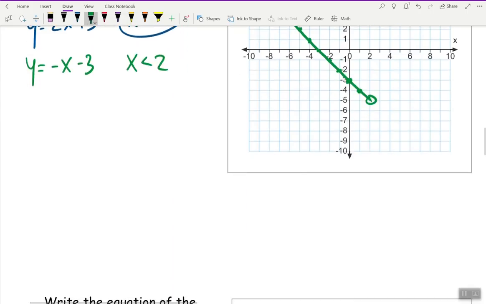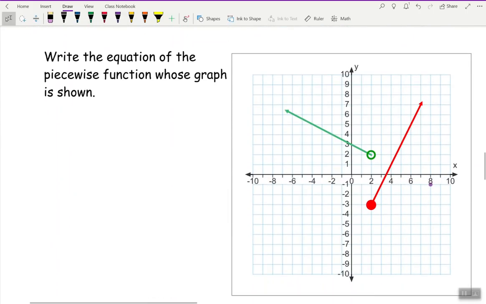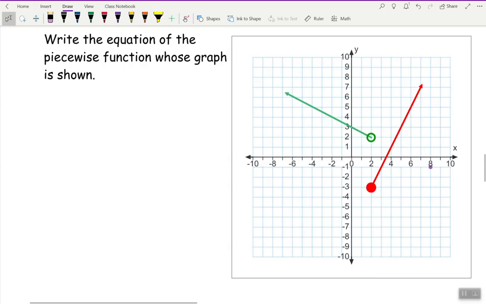So then what we'll also want to be able to do is take a picture and create our own piecewise function. So we'd say f of x equals, and let's do our green one first. So what's our y-intercept here?